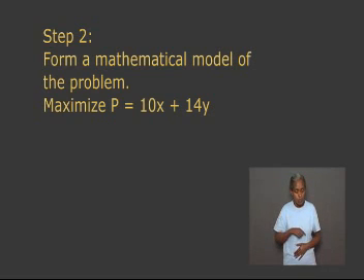We can use variable y to represent the number of Model B radios. Because our objective is to maximize the profit on the production of both radios, our objective function appears as P equals 10x plus 14y.